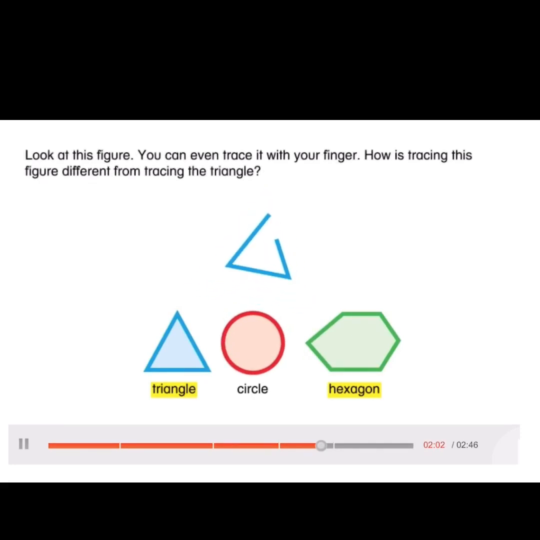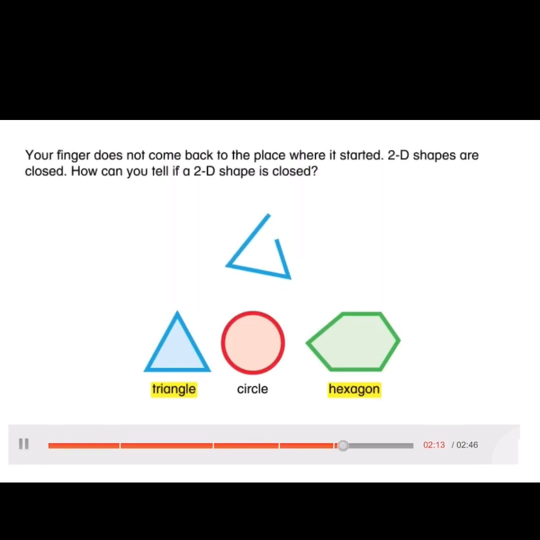Look at this figure. You can even trace it with your finger. How is tracing this figure different from tracing the triangle? Your finger does not come back to the place where it started. 2D shapes are closed.